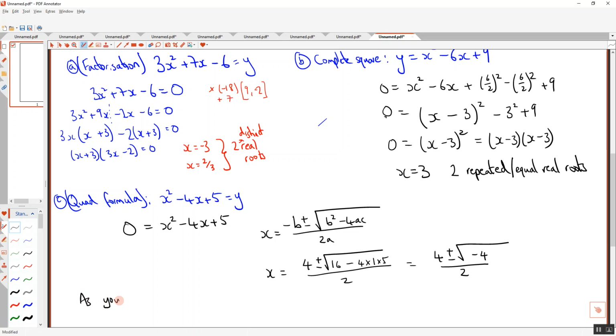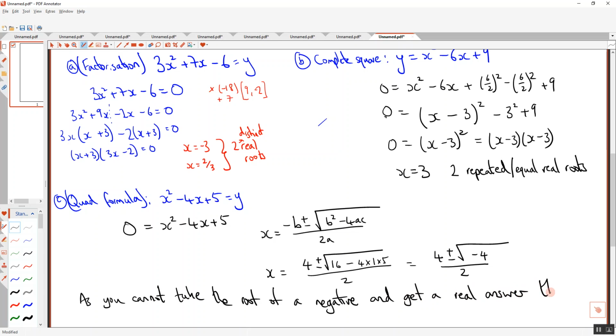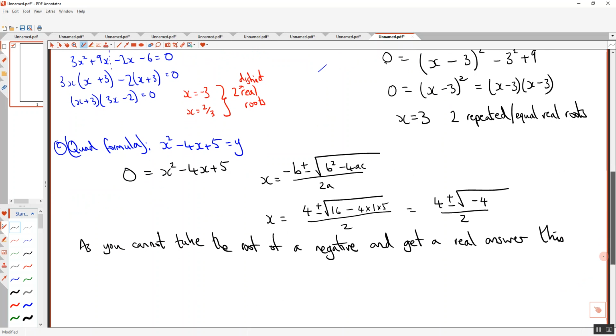So as you cannot take the root of a negative and get a real answer, this quadratic has no real roots.